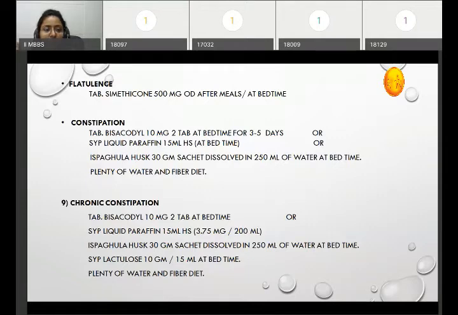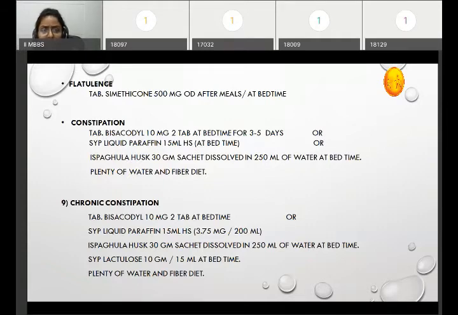So this is simethicone. Simethicone is considered to be a silicon polymer, a viscous liquid material that decreases the surface tension of the froth that is formed in the GI tract, and because of that the sensation is decreased.